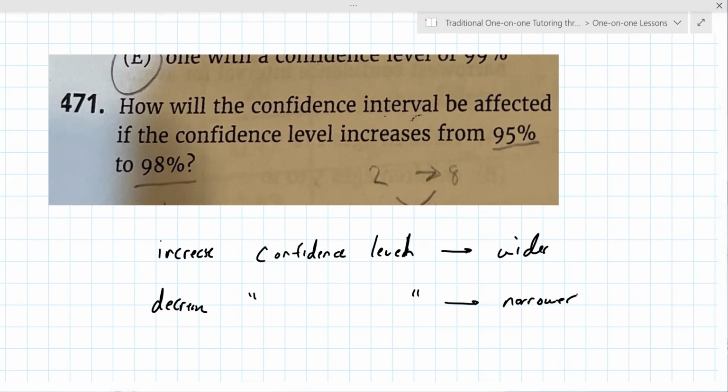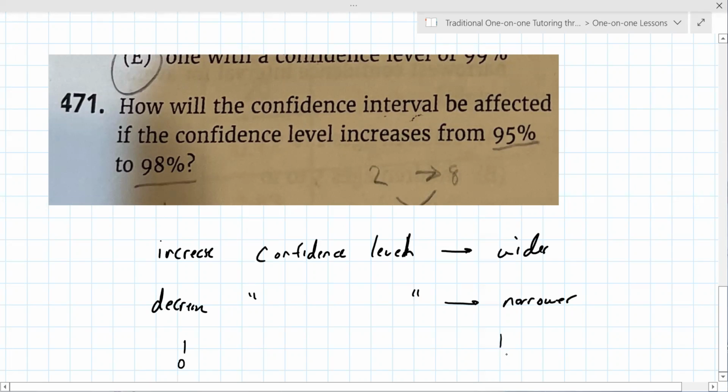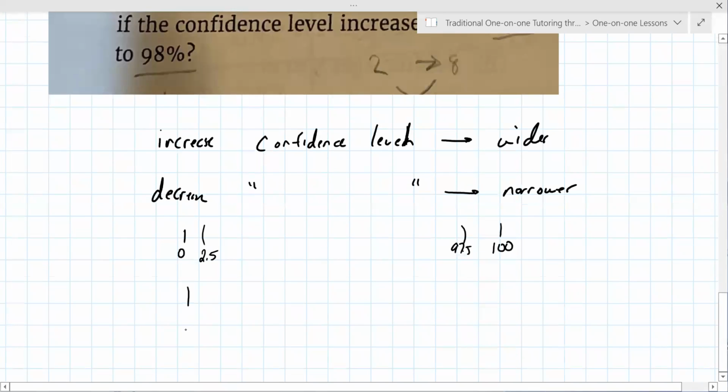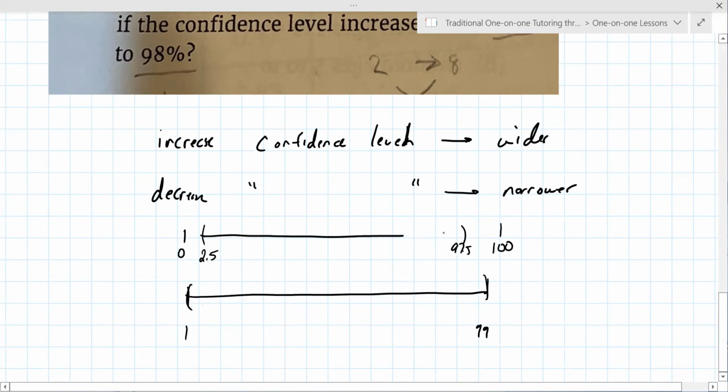Another way to think of this is if you were to look at the numbers from 0 to 100, and if you were to go from say 2.5 to 97.5 versus going from 1 to 99, which is wider? So this is the 95% one, and this is the 98% one.